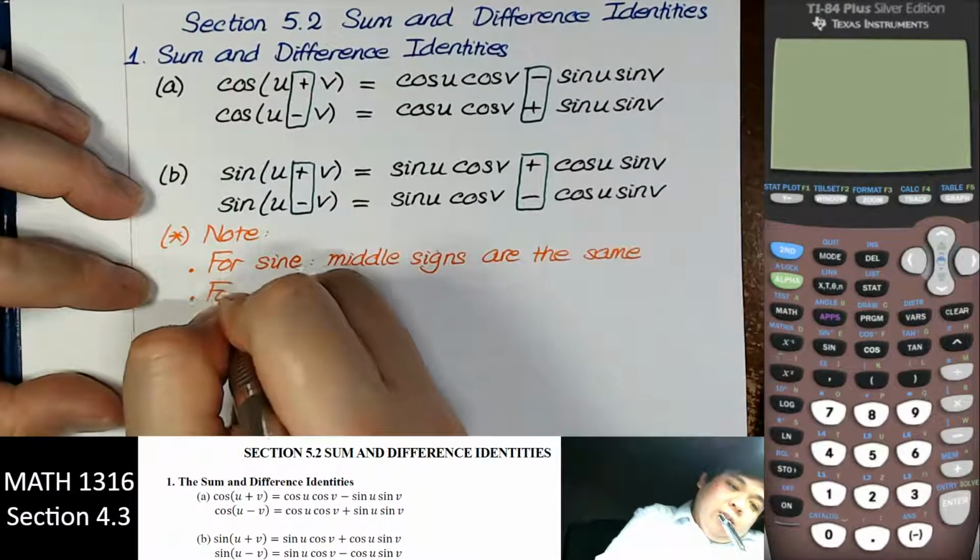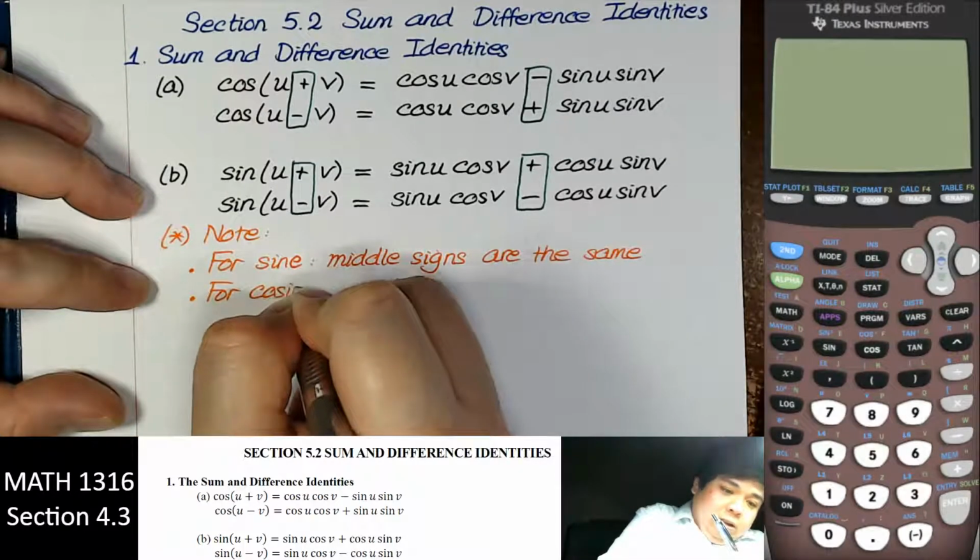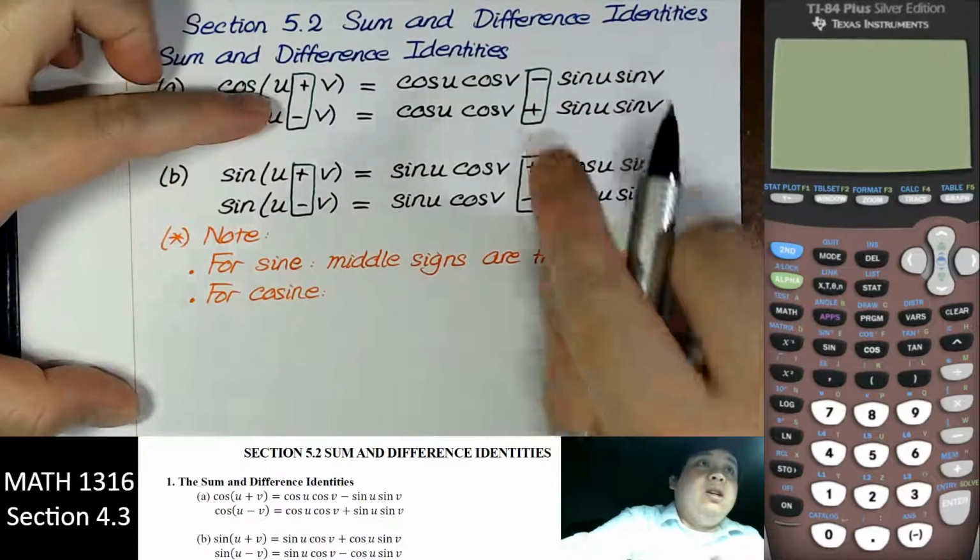And for cosine, the middle signs are opposite.